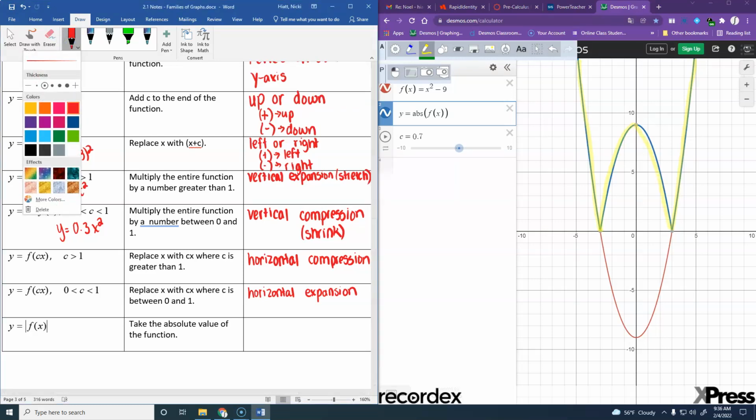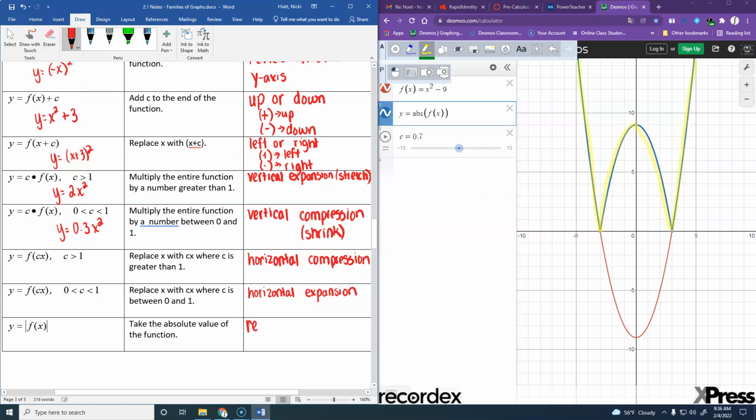So the absolute value is a transformation, not the graph we're starting with, but a transformation. And when we get a little further, I'll show you how to tell the difference. Then it's going to reflect the negative parts over the x-axis.